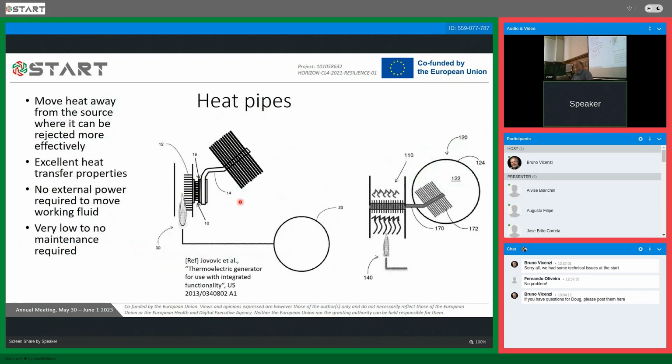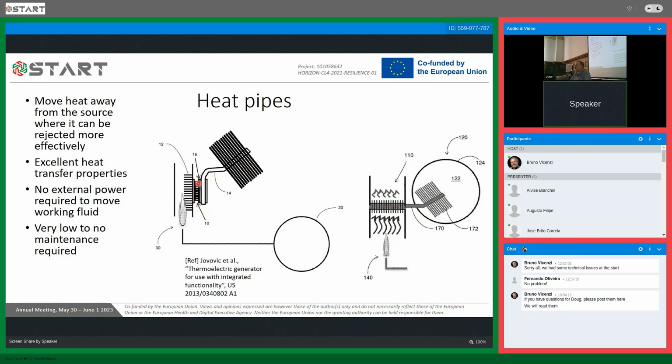Moving away from the automotive TEGs, the other TEGs that were built, or at least studied: this is an example of a cartridge with a heat pipe that is replacing that coolant tube, and that would be another application of such a device. You could use a heat pipe.